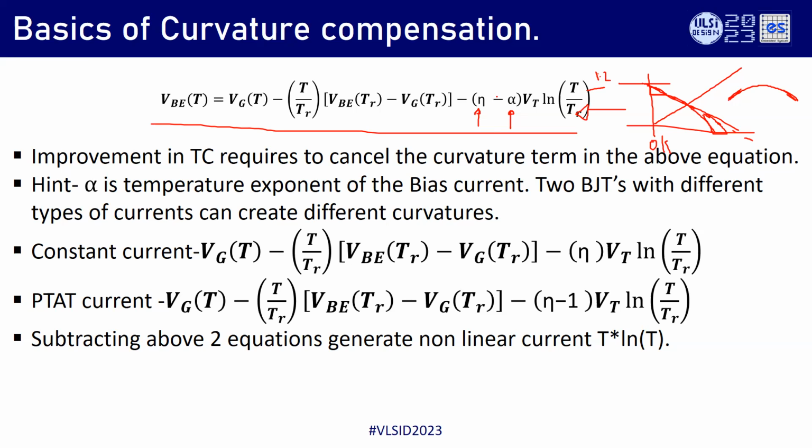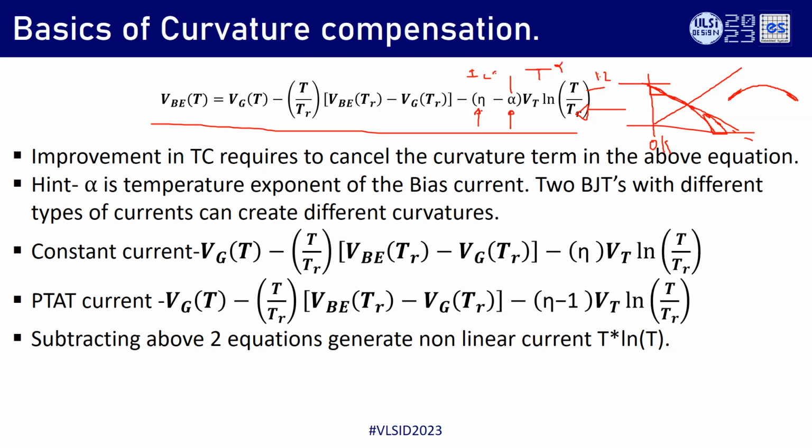I just use this expression to come up with the strategy to do the compensation. The alpha is an interesting parameter, which is the temperature exponent of the BJT current. For example, if the BJT current is T power 1, T power alpha, this will be alpha.